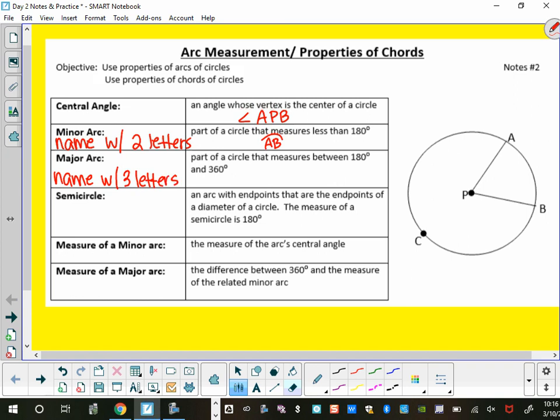So a major arc could be from A to C to B. So we can write arc ACB. But it wouldn't be ABC, because that's only half.